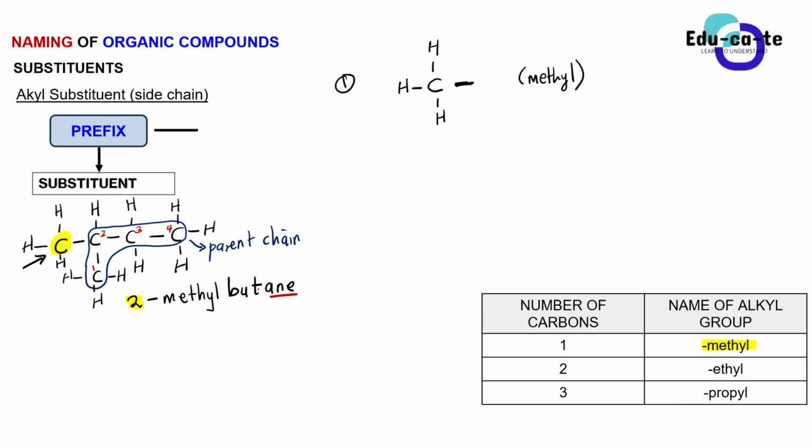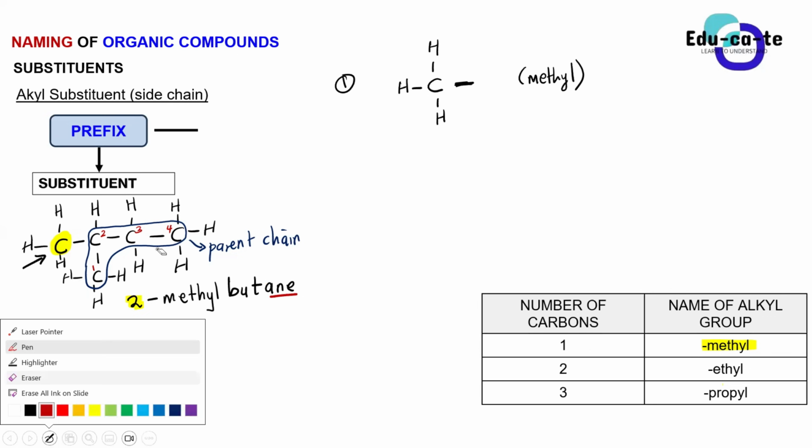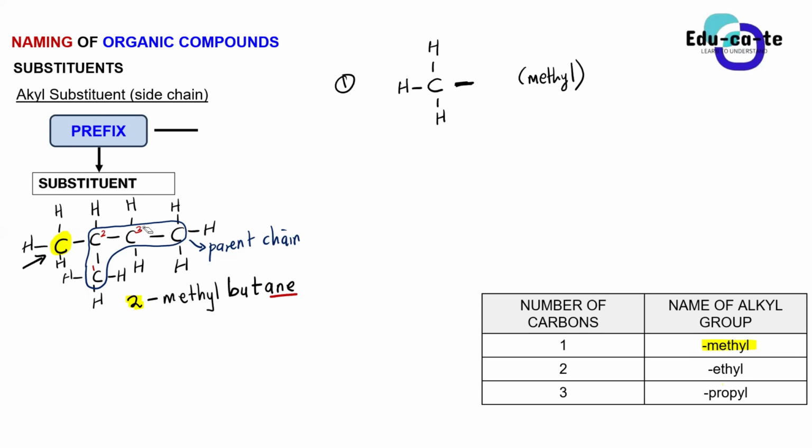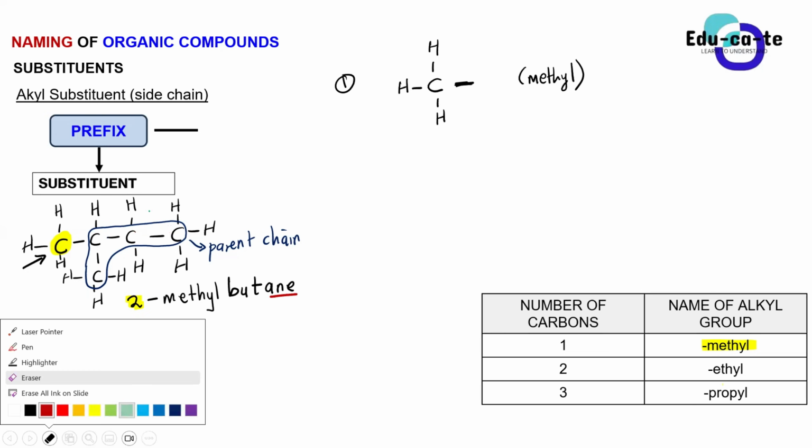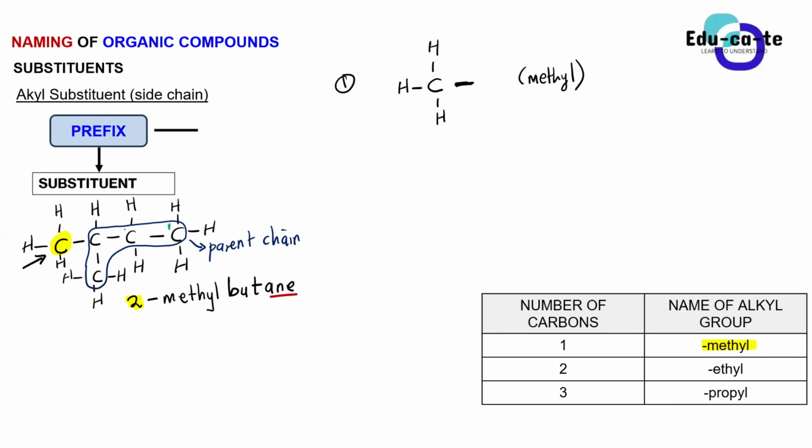Easy, right? Is it hard, guys? Yeah, it's pretty easy. Even if you highlight the straight chain as your parent chain, your name will never be the same. Now let me show you what wrong thing you can do here. Let me reverse this numbering and count my carbons from this terminal carbon at the end, saying this is carbon 1, carbon 2, carbon 3, carbon 4.